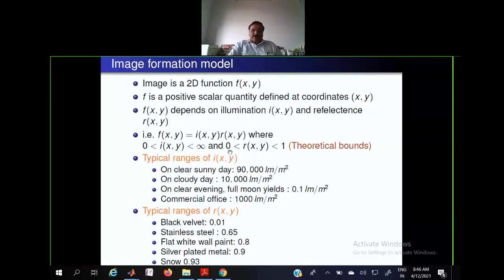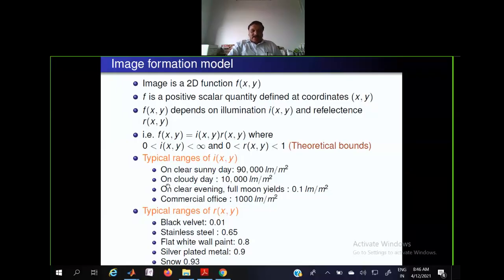Reflectance, we take it to be in the range of 0 to 1. 0 means complete absorption, and 1 means complete reflection. Depending on the object, this reflectance changes. Of course, these are the theoretical bounds. I cannot have infinity. Similarly, I cannot have 0. But theoretically, illumination is from 0 to infinity, reflectance is from 0 to 1.